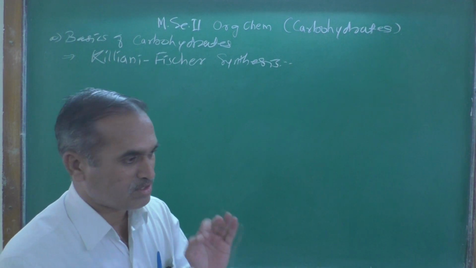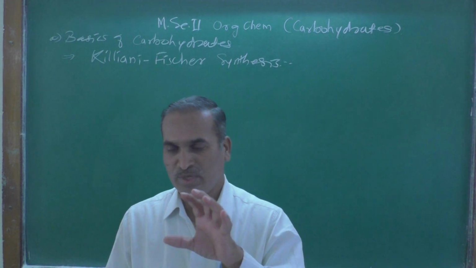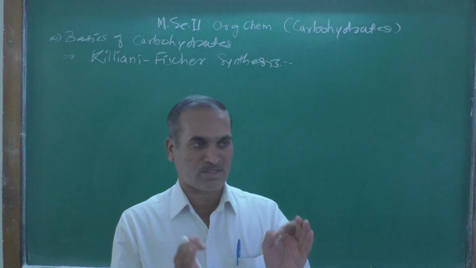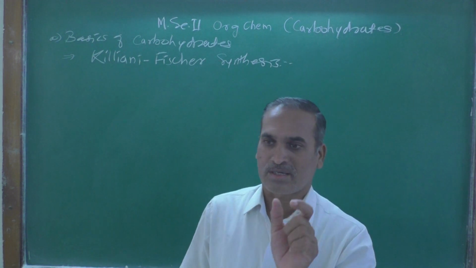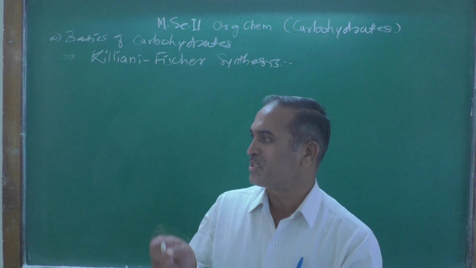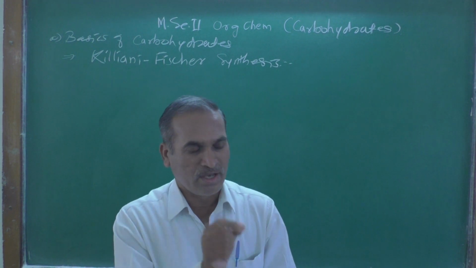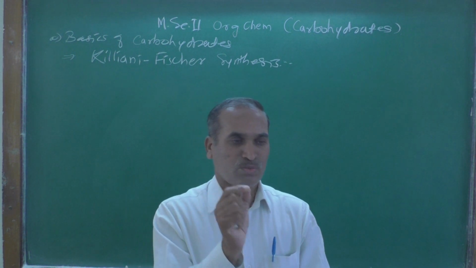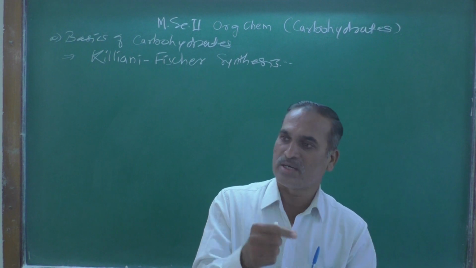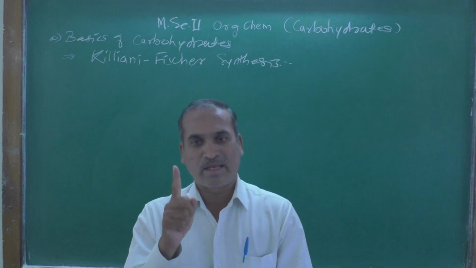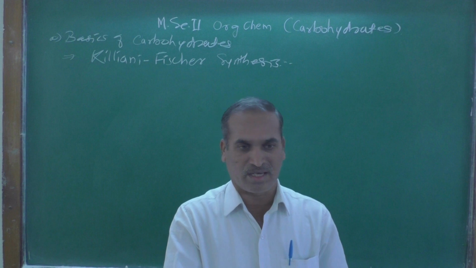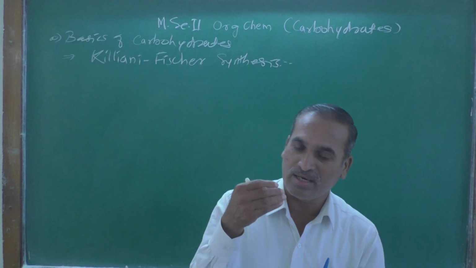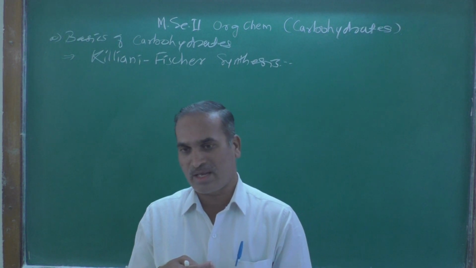Yesterday we took a triose as the starting material. Triose is nothing but, as a general reference compound, we are using glyceraldehyde, D-glyceraldehyde. Why is it assigned as D-glyceraldehyde?